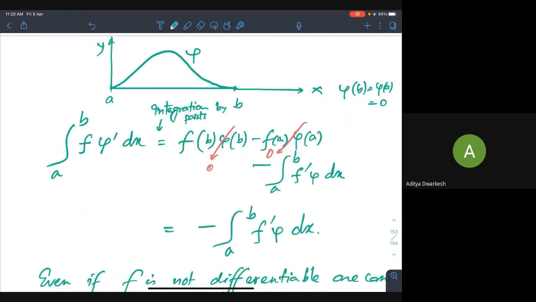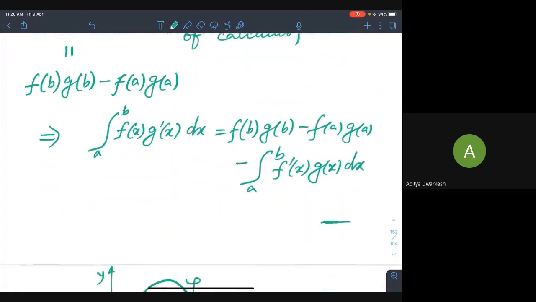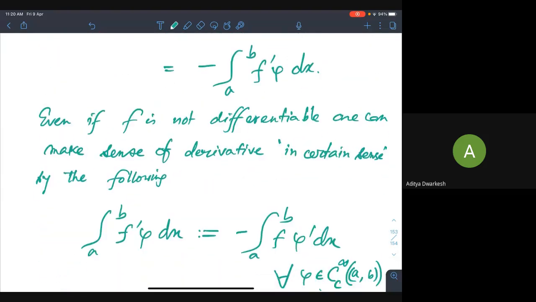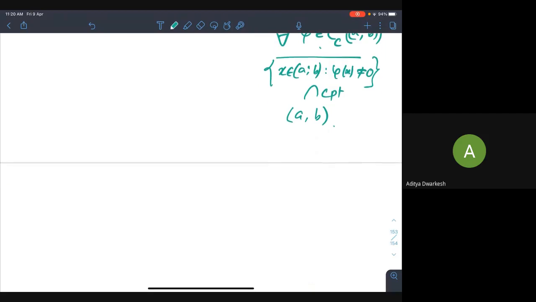So the idea is basically integration by parts, and integration by parts is proved by using the fundamental theorem of calculus, and then you have this. Any question here?